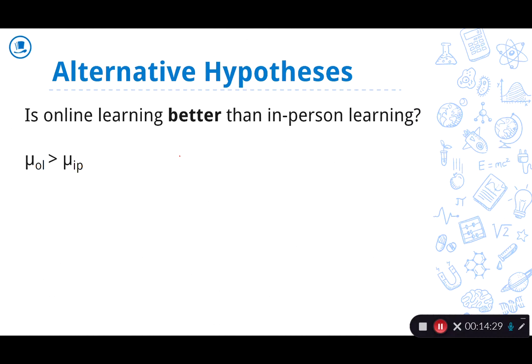So let's ask, is online learning better than in person? Well, then what I'm saying is that the population mean for online will be greater than the population mean for in person. So I can line those two up using the same order that I have been using so far, the same order as in the null hypothesis, and that puts a greater than sign between the two.